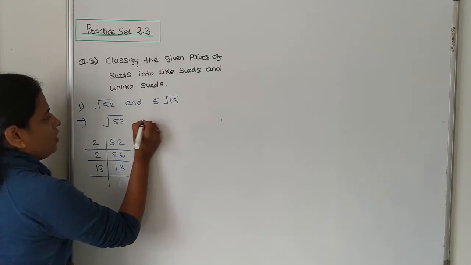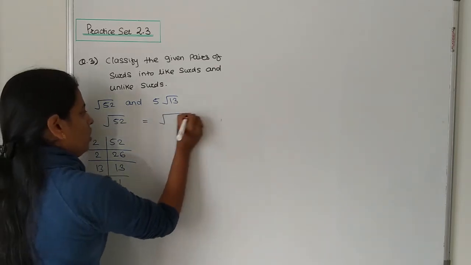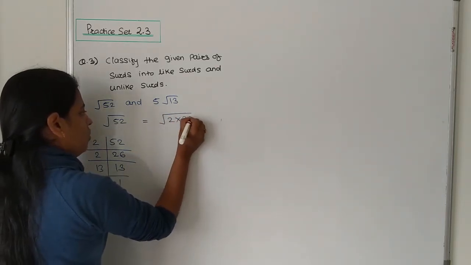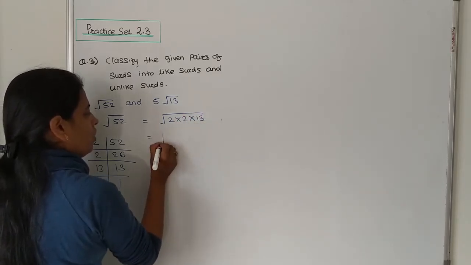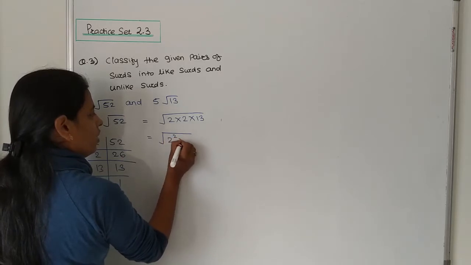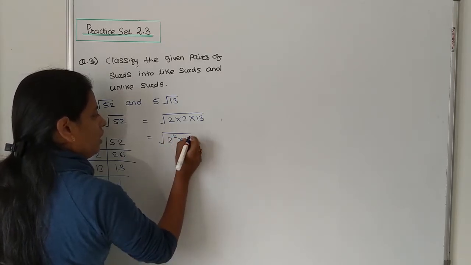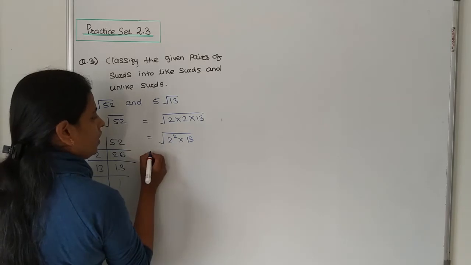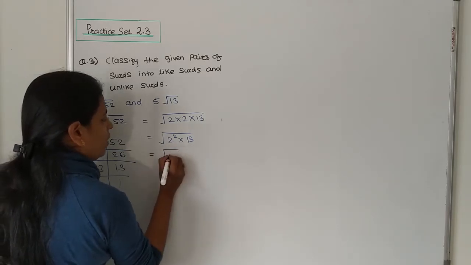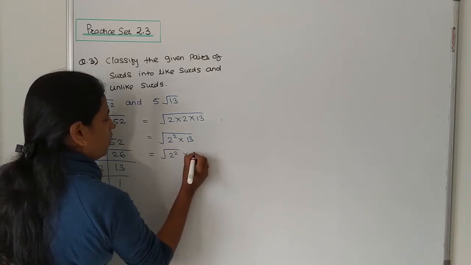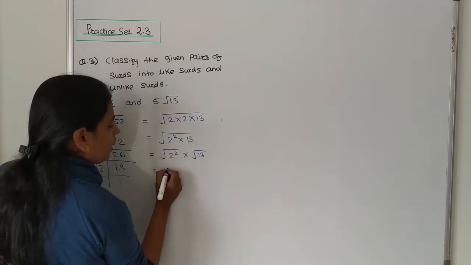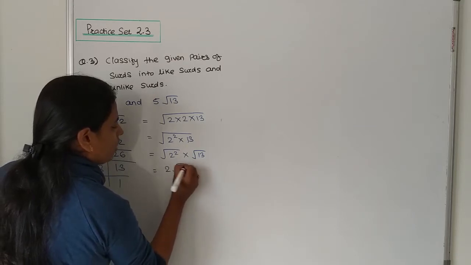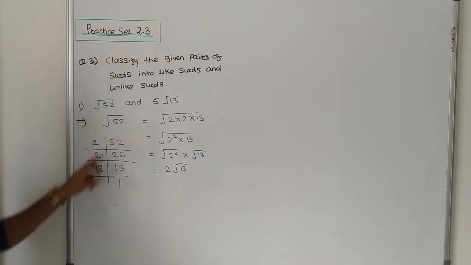So the factors are 2 into 2 into 13, which we write as 2 squared into 13. Clear? Now separate the root sign: root of 2 squared into root 13. The square and the root sign cancel, so 2 is there and root 13 is there. That means instead of root 52 we write 2 root 13.